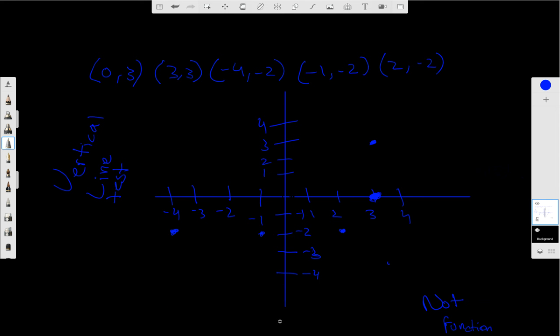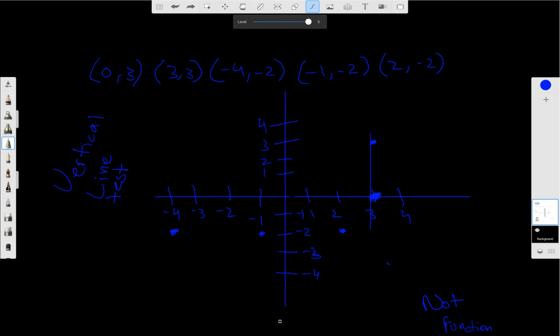Because we can already see, one sec. Just gonna go back there. Okay, and we can already see that this is not a function because those two are like right under each other.